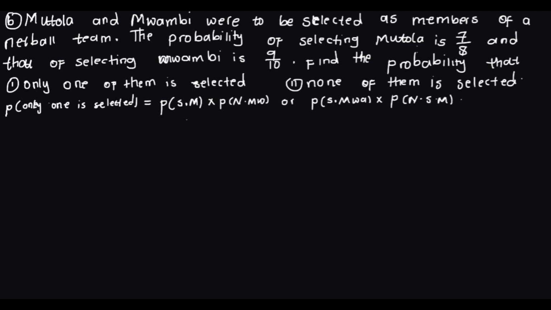So here we need to find the probability of not selecting Mutola and that of not selecting Mwambi.